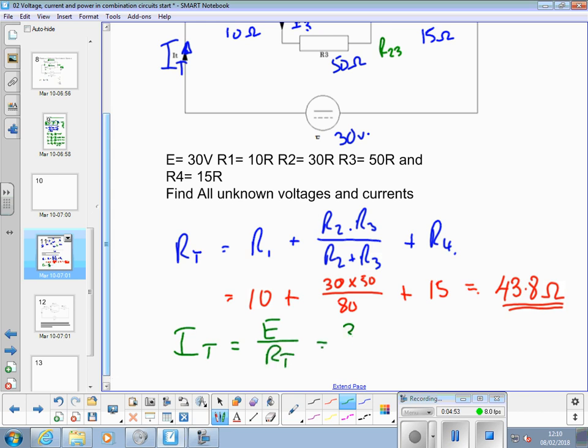That's 30 over 43.8 equals 0.685 to three significant figures, amps.